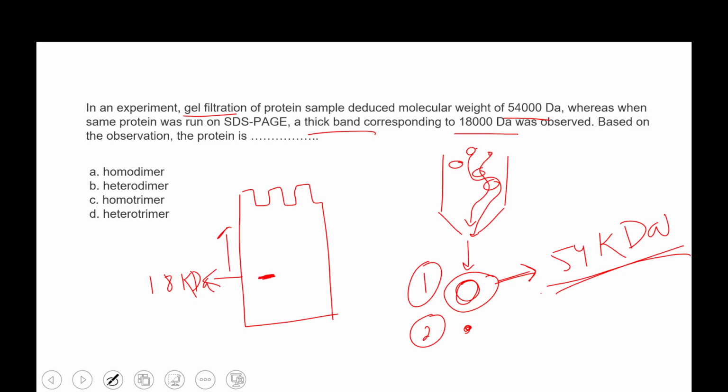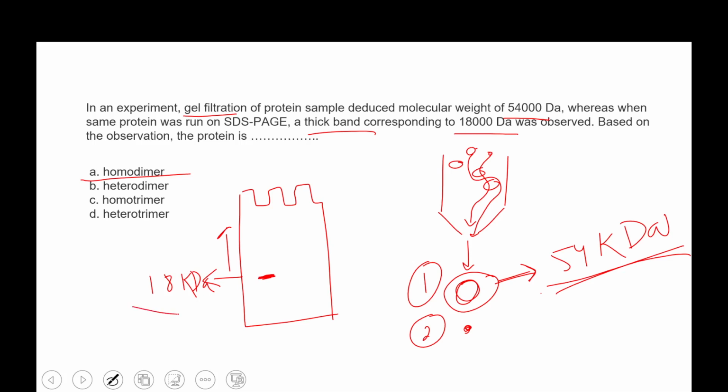Now you have to find out whether all the different units of the protein are of the same polypeptide or from different ones. So the first option is homodimer. Homo means there will be the same polypeptide, and dimer means two forming together one particular protein.